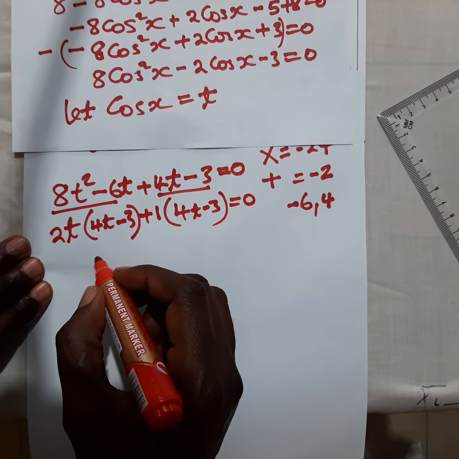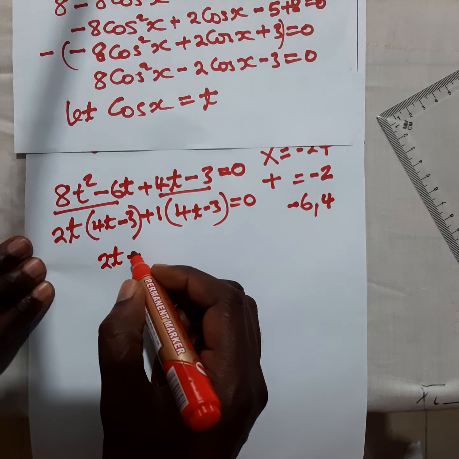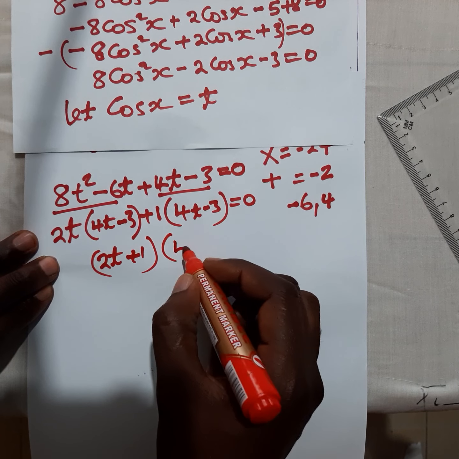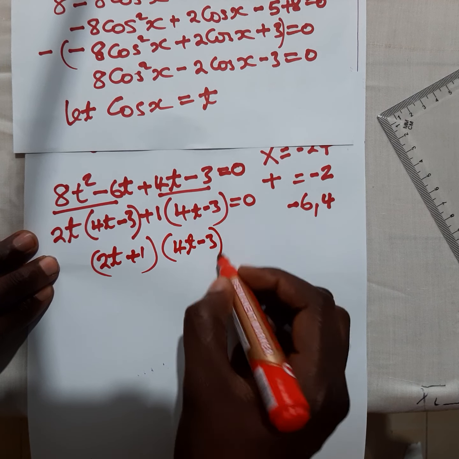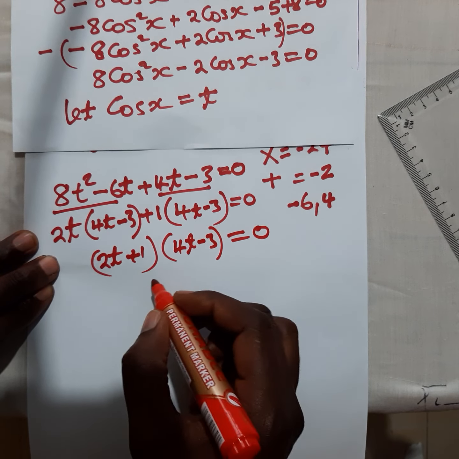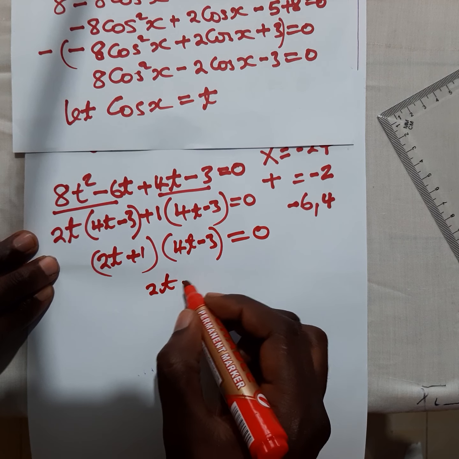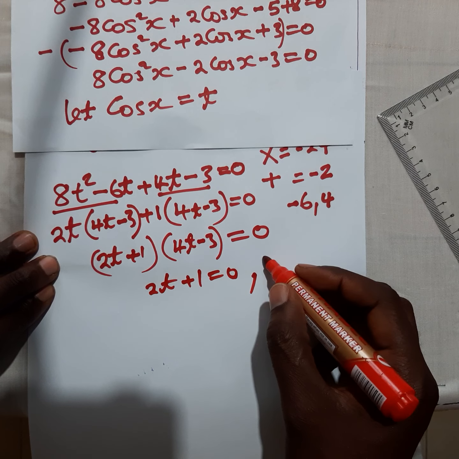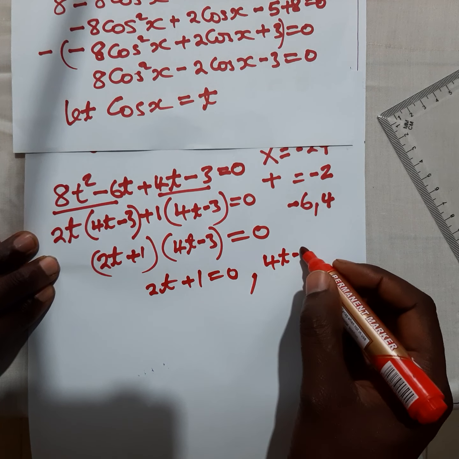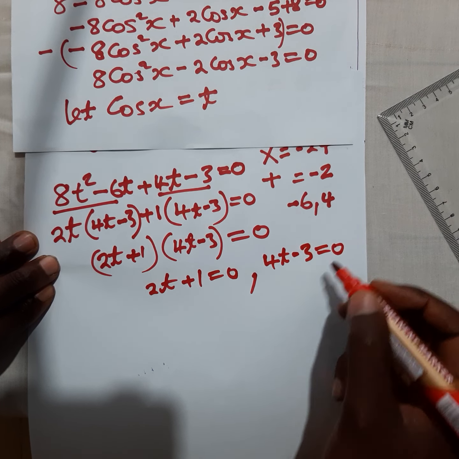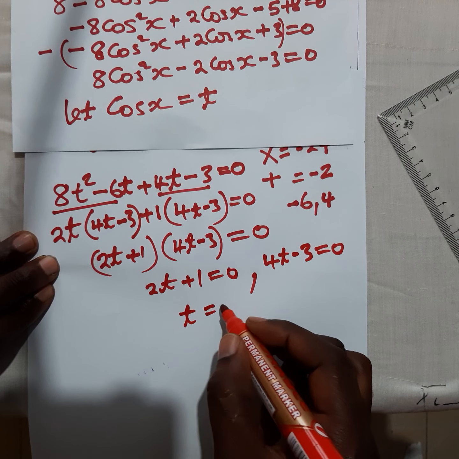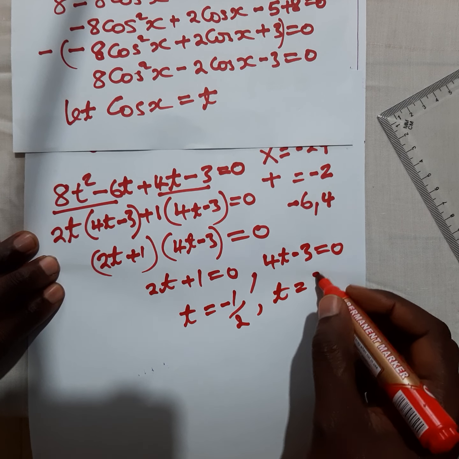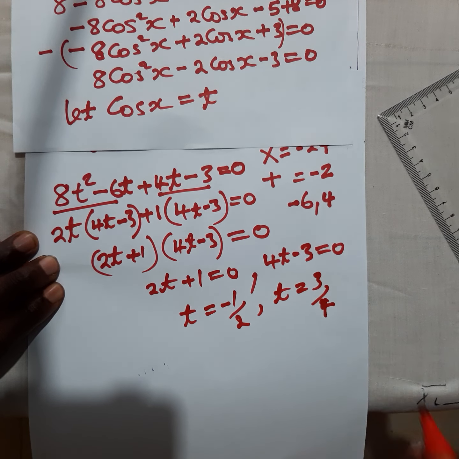Then we can say 2t plus 1 times 4t minus 3 equals 0. Therefore 2t plus 1 equals 0 and 4t minus 3 equals 0. So t will be equal to negative half, and t will be equal to 3 over 4.